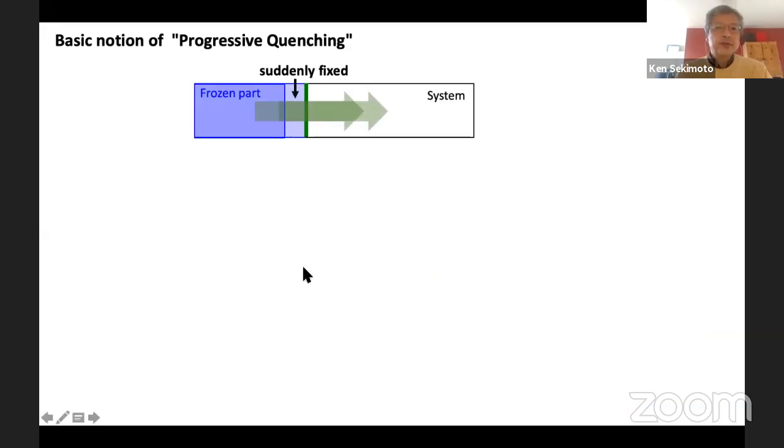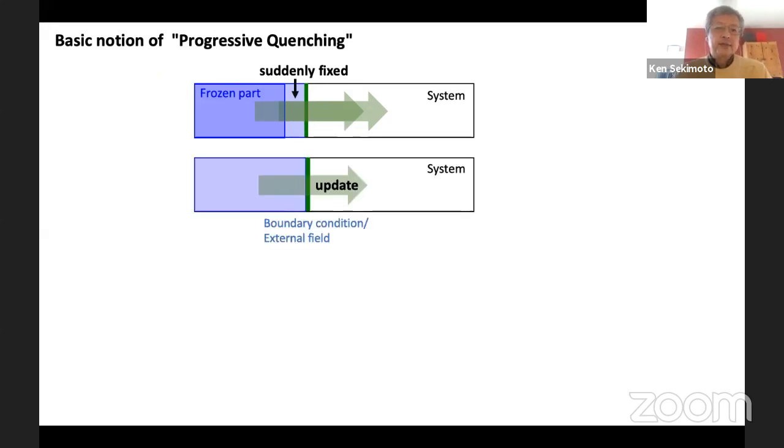The basic notion of progressive quenching is the following. We suddenly fix some part of the degrees of freedom of the system. And by this fixing, we update either the boundary condition or the external field on the system that remains active. The main interest is the statistical characteristics of the state evolution.